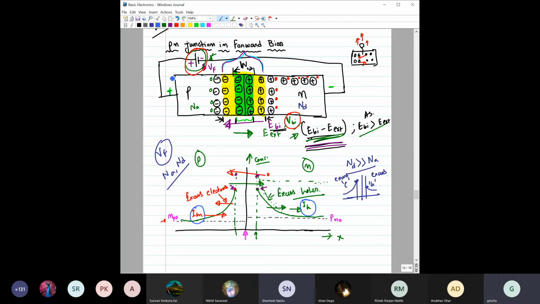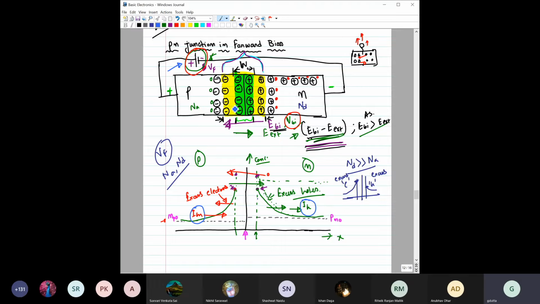No, sir. As long as you have not changed this VF, your depletion region width will remain constant. When you change this VF, only then will there be a question of changing the depletion layer width. As long as you keep VF constant, there is no change. Okay, not even due to the diffusion?